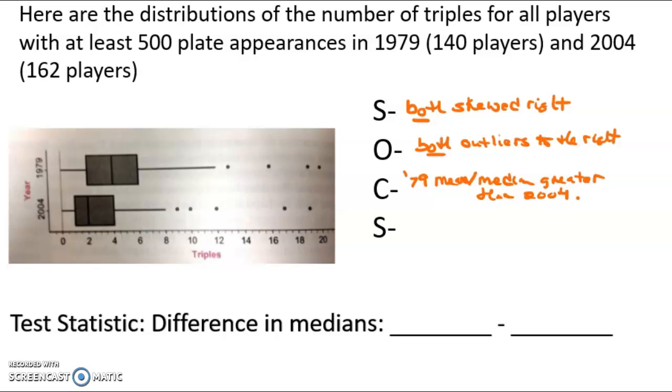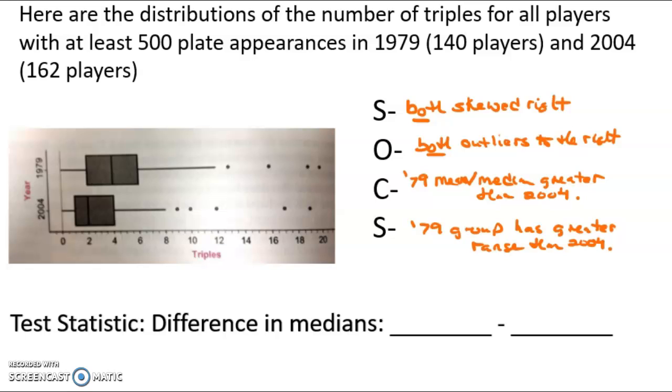And then if you're going for spread, not by much, but if you're going all the way to the top, you would say the 79 group has a greater, although slightly greater, range than the 2004 group.